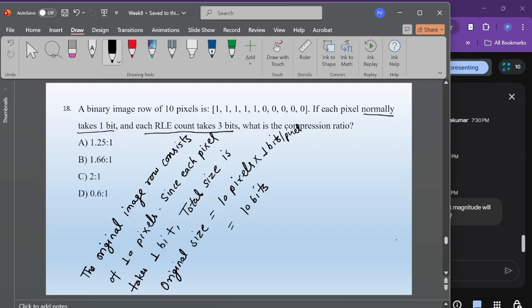In the RLE encoding, we have seen that we have to count the consecutive similar numbers. So what are our RLE runs? Five ones are there and five zeros are there.